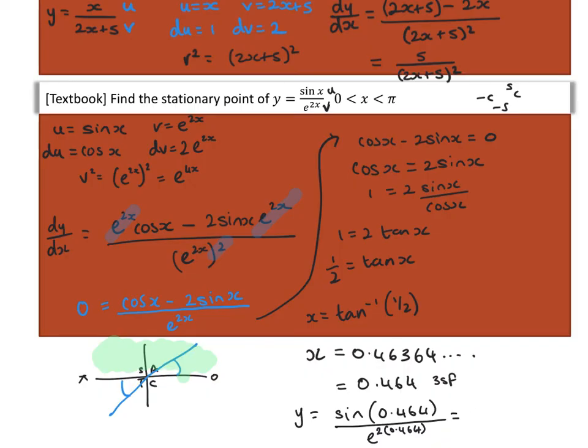I'm going to get 0.176927, okay, 0.177 to three significant figures. And it wants the point, so I am going to write the coordinate, which is my x coordinate, 0.464, and my y coordinate, 0.177.